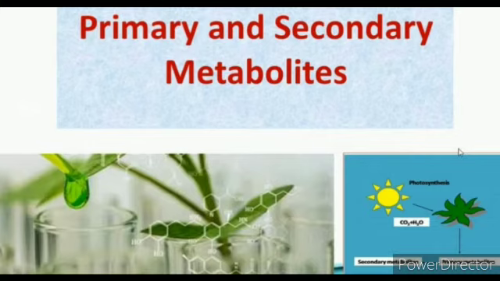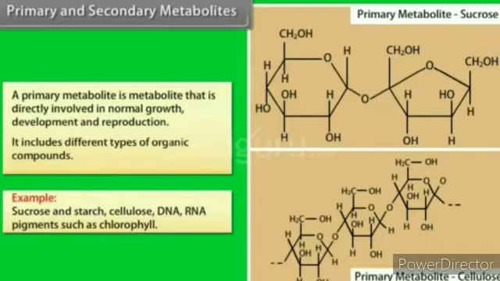Today's class we are going to discuss some of the primary and secondary metabolites. A primary metabolite is a metabolite that is directly involved in normal growth, development and reproduction.